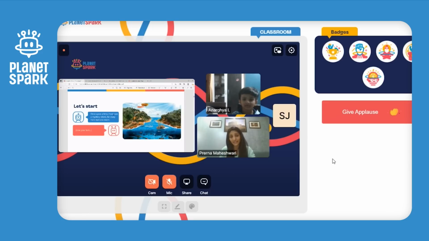So can you see the setting? The setting is an ocean with two islands. Okay, perfect. And can you see a ship also? Can you see a pink cursor moving on the screen? Yes. And can you see this pink cursor coming to the ship? Yes. Okay, so Anargya will assume that this is a pirate ship.